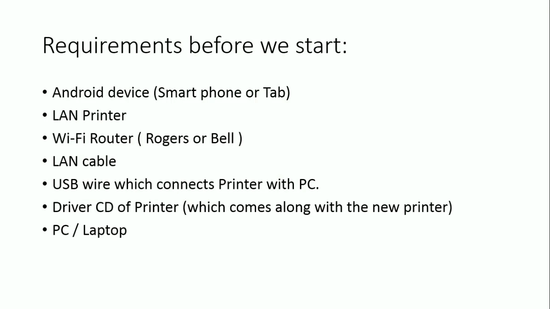The fourth thing we need is a LAN cable. The fifth thing is a USB wire which connects the printer with the PC. It usually comes along with the box in which the printer comes. Then we need a driver CD of the printer which comes along with the new printer. And then we need a PC or a laptop. So let's start.